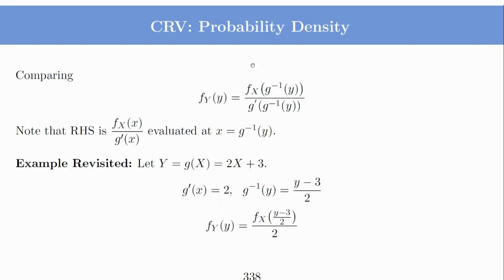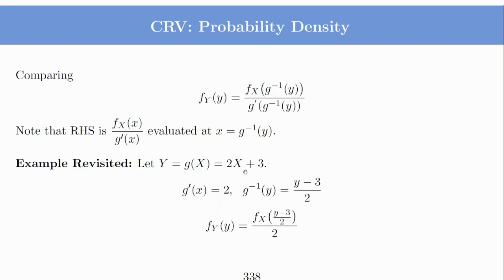And let us see how this formula can be applied to the example we have seen in the past. If you recall, the example which we saw was that x is a random variable and y is equal to 2x plus 3, a monotonically increasing function.